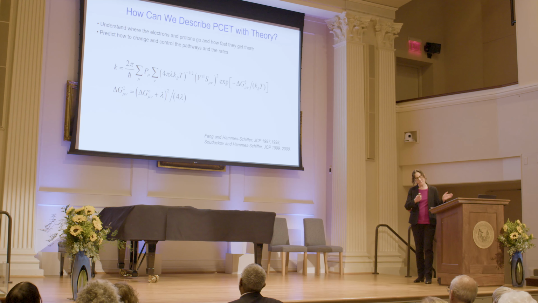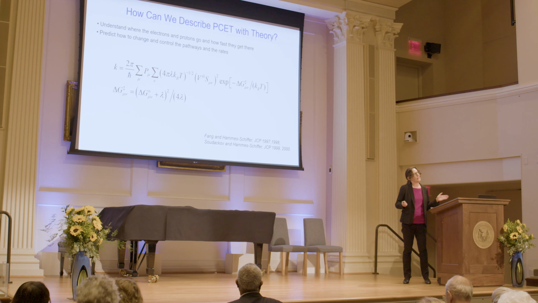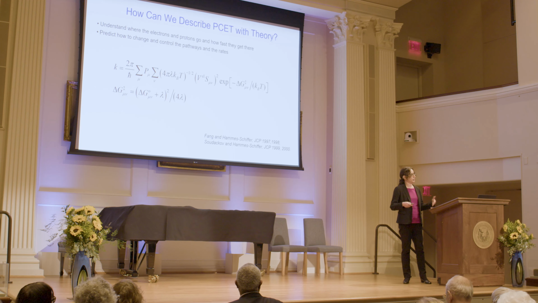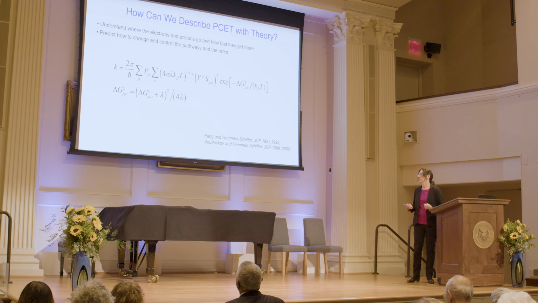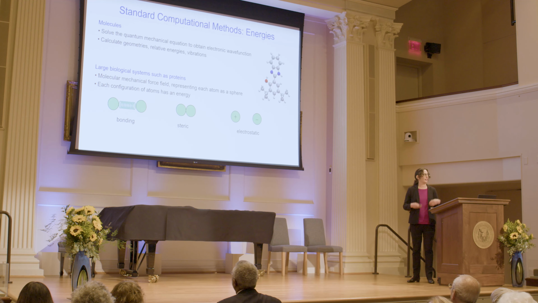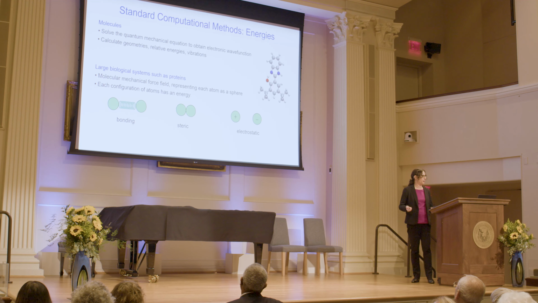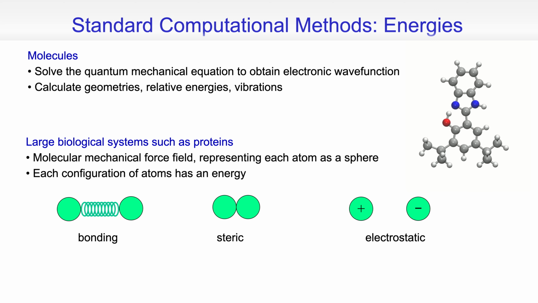But my point is that we have these expressions, and then we need to use computational methods, simulations and calculations, to be able to calculate the input quantities for this rate constant expression. And some of these methods are very standard in the field of chemistry. So, for example, if you want to describe molecules, you solve the quantum mechanical equation, you obtain an electronic wave function, and then you can calculate the geometries, the relative energies, and the vibrations.